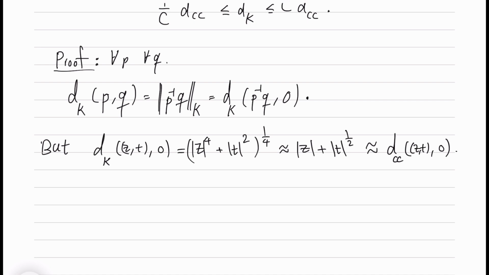That means when one of the points is 0, the distance to 0 in either metric is bi-Lipschitz comparable.